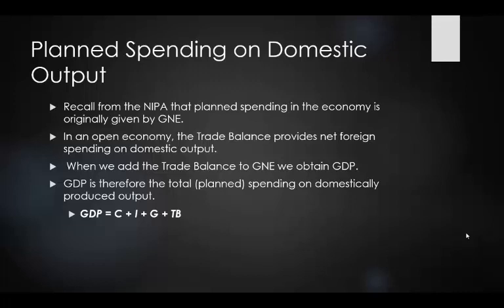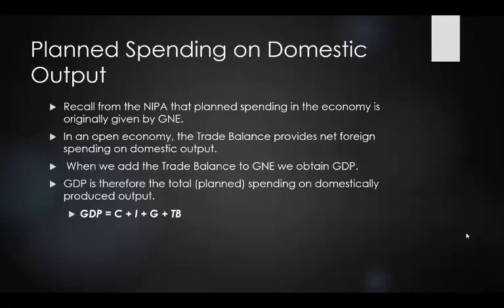The sum of this gives us GDP, the gross domestic product. So the total output of the economy, which is the GDP, is equal to the sum of consumption spending C, spending by businesses I, and government spending at all levels of the economy G, as well as the net spending by the foreign sector, that is the trade balance TB.